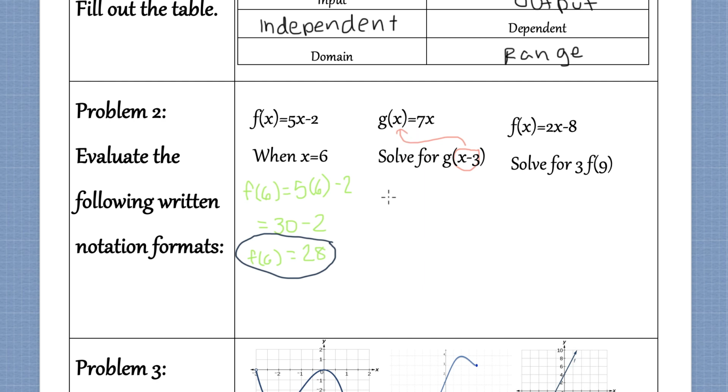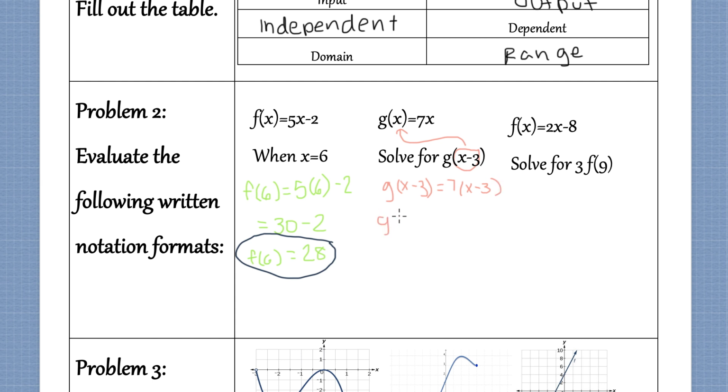And so I'm going to show you this over here. We're going to take g of x minus 3, which goes in place of the x, is equal to 7, and then it says x, but we are going to plug in x minus 3. And so now we're just going to solve for this.